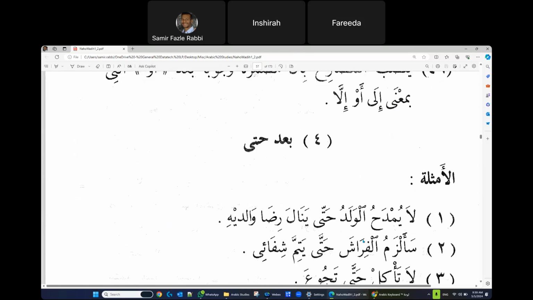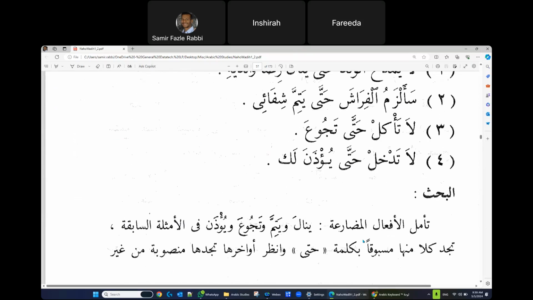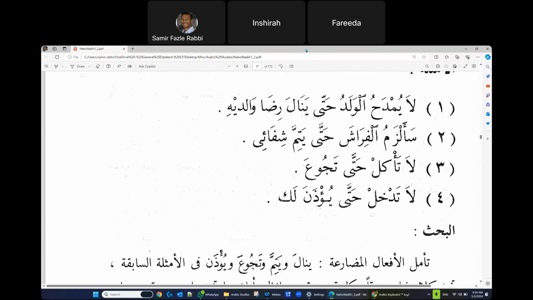That's the meaning here. This hatta, and in all the examples, in every one of them, they're expecting us to do the grammatical analysis here.